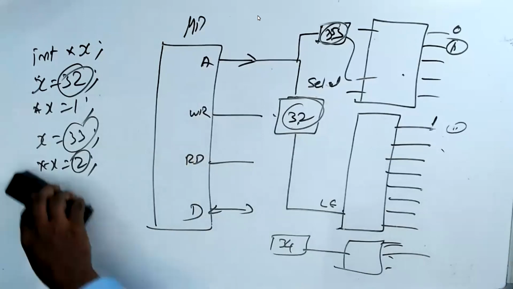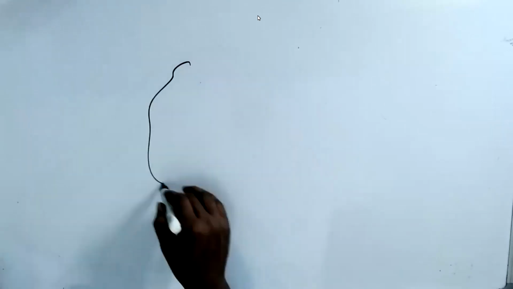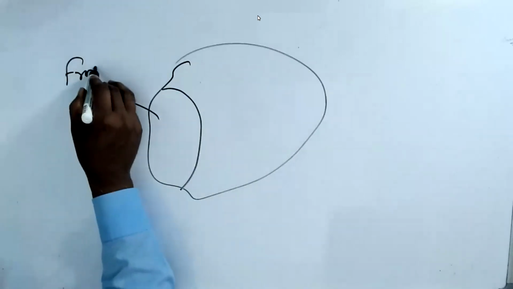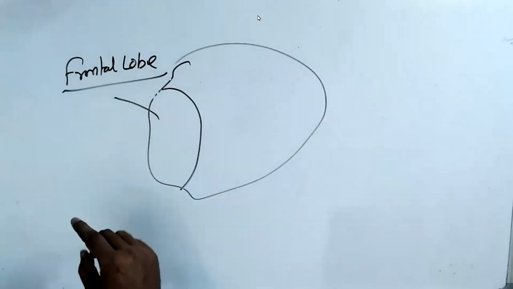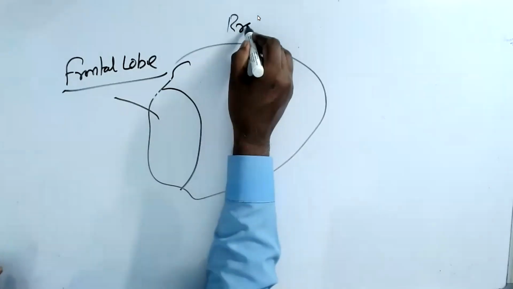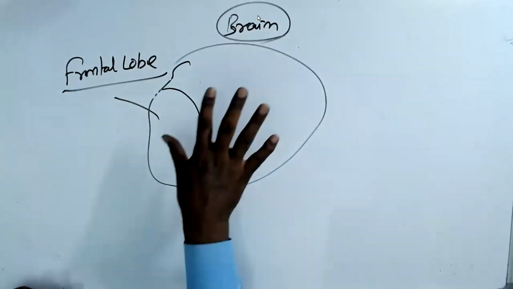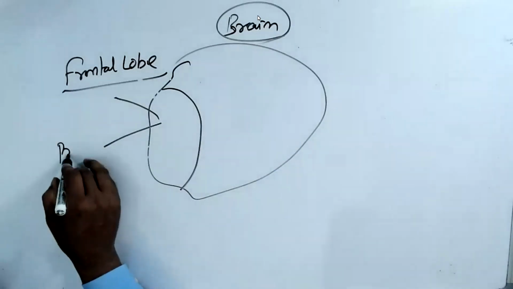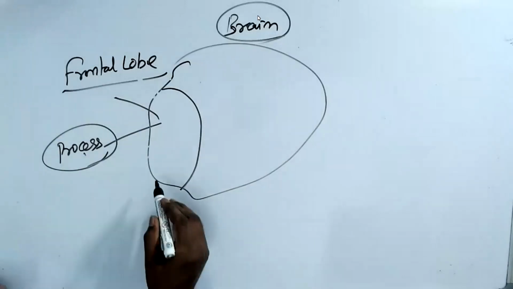Let us compare this with your brain. Your brain has an area called the frontal lobe. This is the full brain. Your brain has a frontal lobe. This guy is actually doing the process, so this is the equivalent of the microprocessor.